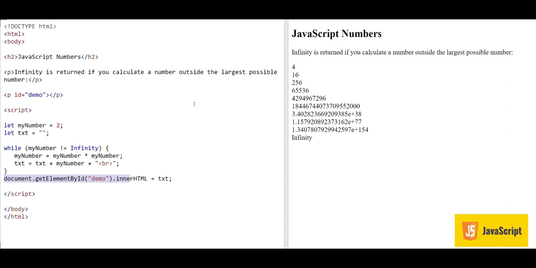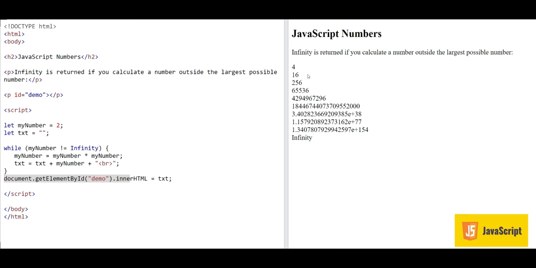See the result on the right side. We have 4, 16, 256, 65,536. Then we have a 10-digit number, then 1844 followed by a very long number. Then we enter exponent notation, and then we have a very large number, 1.34 to the power 154. And then we have Infinity.